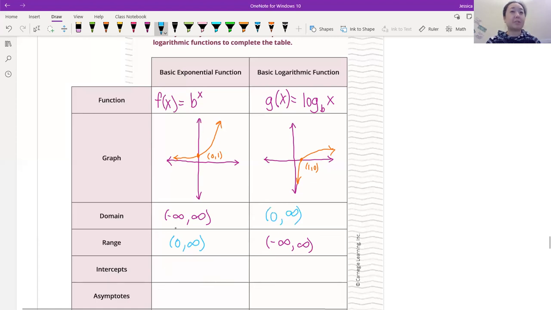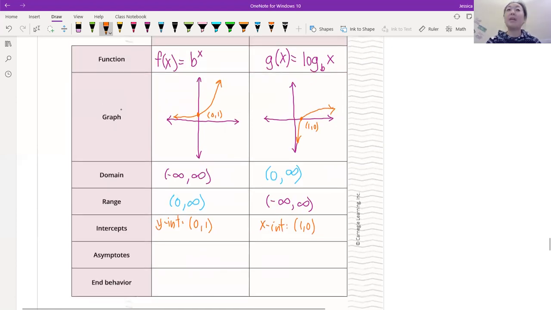And intercepts, we just talked about them. So this one has a y-intercept at (0, 1). And this one has an x-intercept at (1, 0). Very much related. Asymptotes. Do you remember where the asymptotes are? Oh, we should make them green.